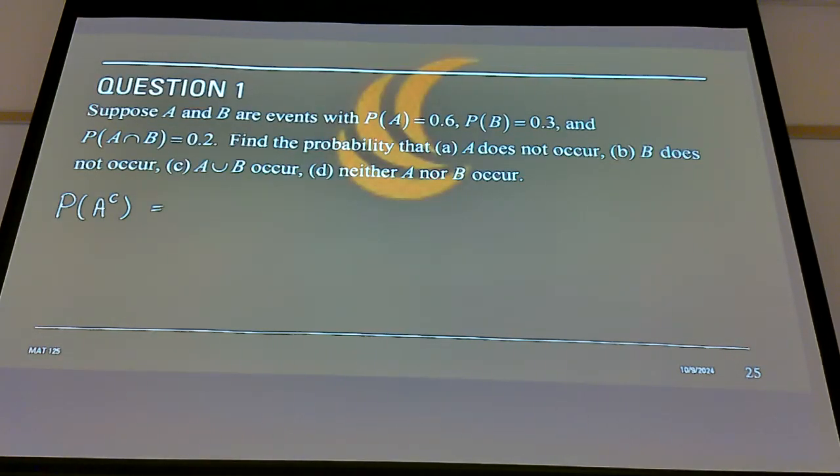So 0.6 plus what is 1? It's the same as 1 minus 0.6. Which is what? What is it? The probability that A does not occur is 0.4.